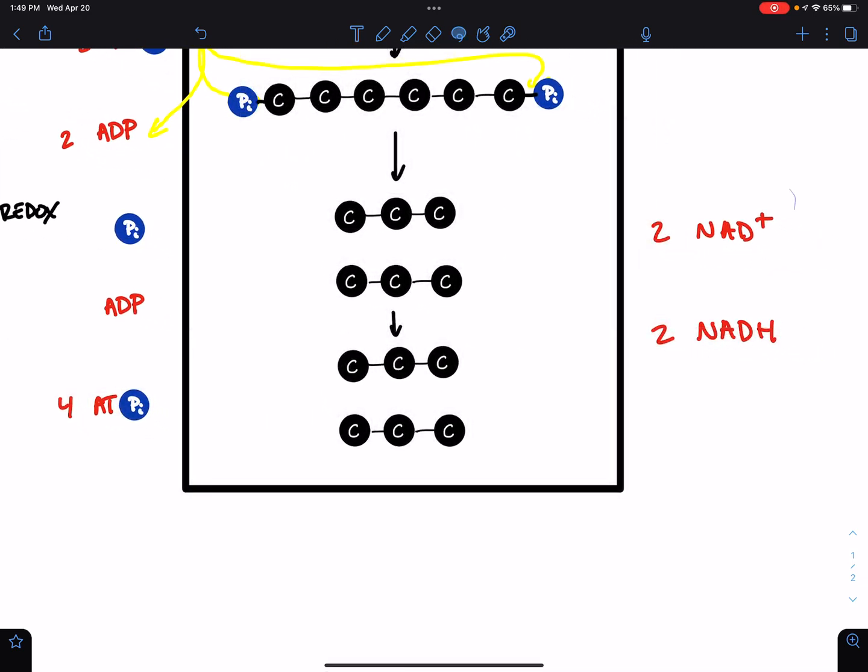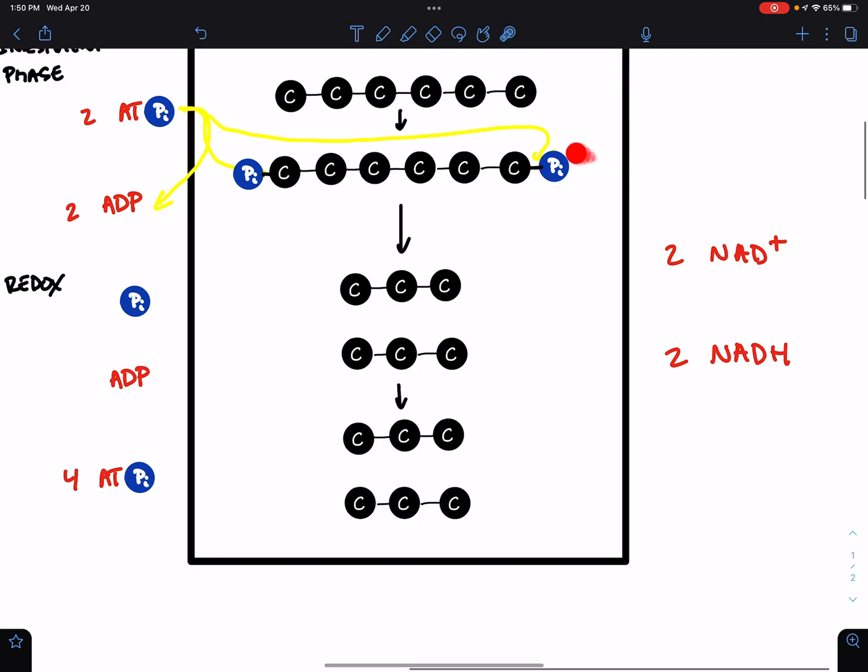And in our situation, we have this 6-carbon compound getting split up into 2 3-carbon compounds.